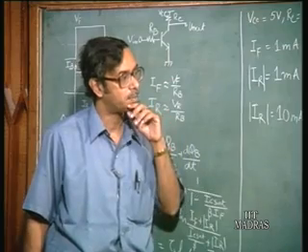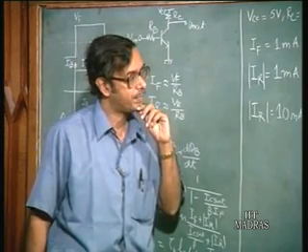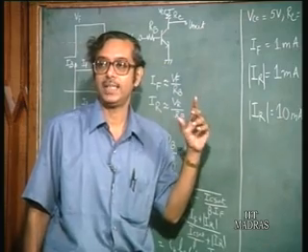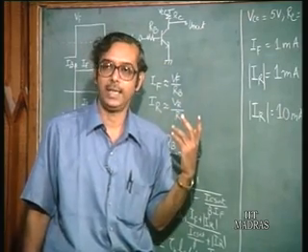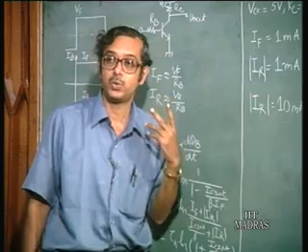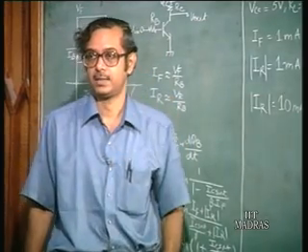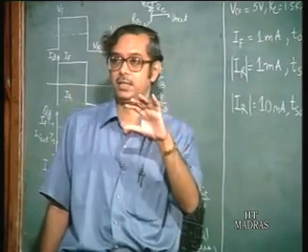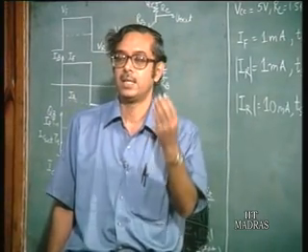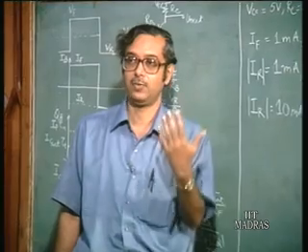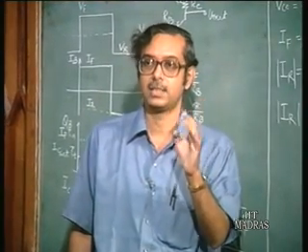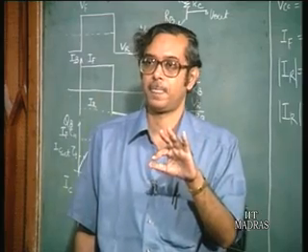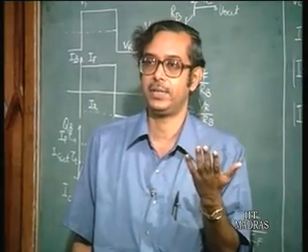Before going ahead, one more point. In addition to these delays, we have actually neglected another component of delay, which is due to the junction capacitances. These are all the stored charge delays, delays due to stored charge. But when you are changing the voltage across a junction, there is a capacitance. That capacitance also has to be charged and discharged. So, there is also going to be a delay due to that.